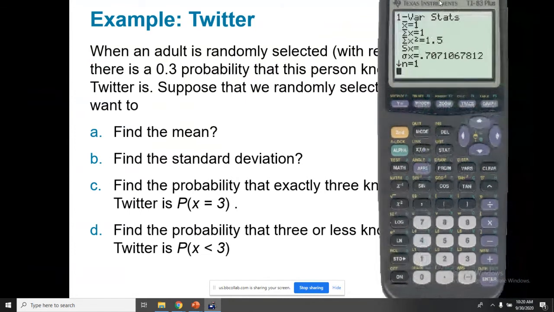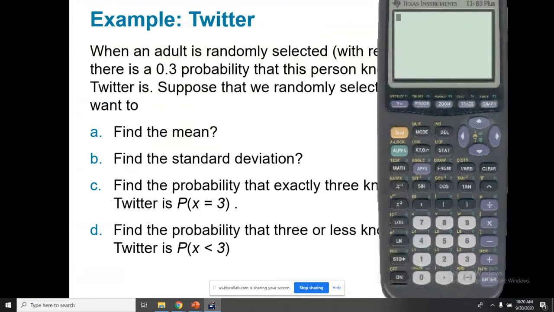I'm going to turn on my calculator, clear out my home screen, and enter the function 5 choose 3 times 0.3 raised to the third times 0.7 raised to the second power, right?